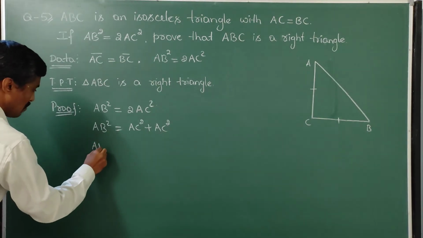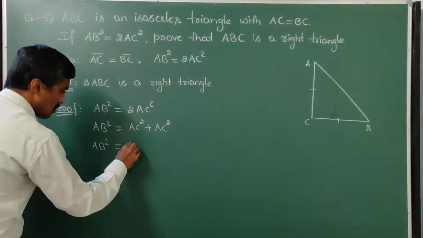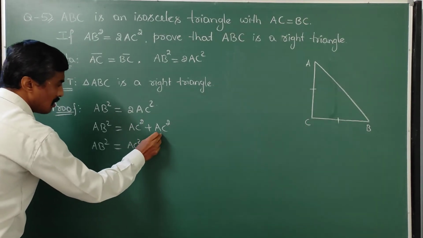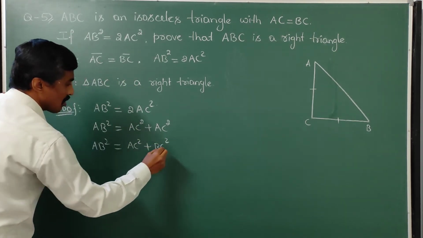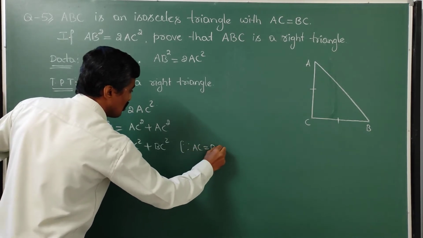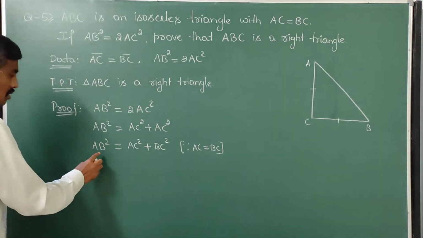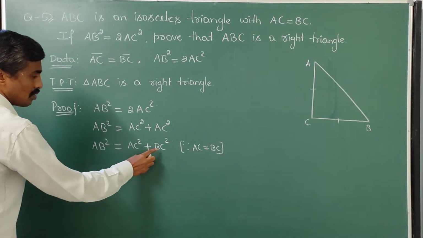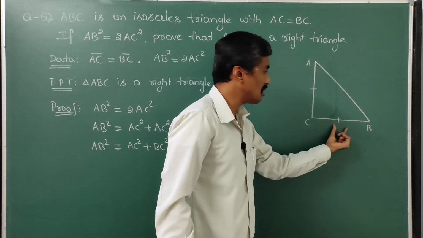So AB square is equal to, keeping one of the AC as it is, AC square, and instead of the other AC writing BC, because AC is equal to BC given. Correct? So now we have proved that AB square is equal to AC square plus BC square.